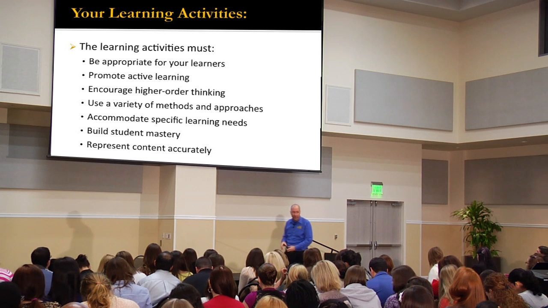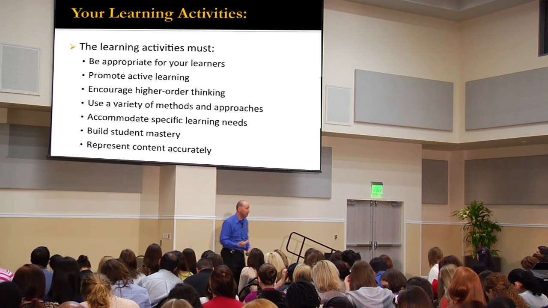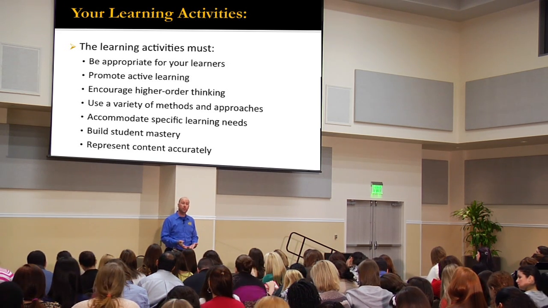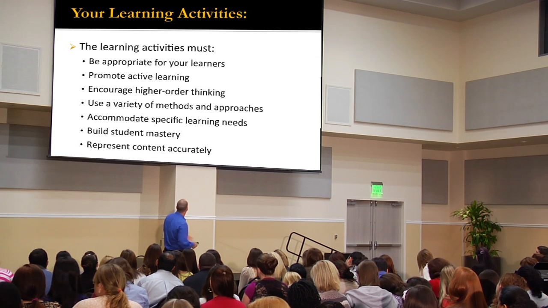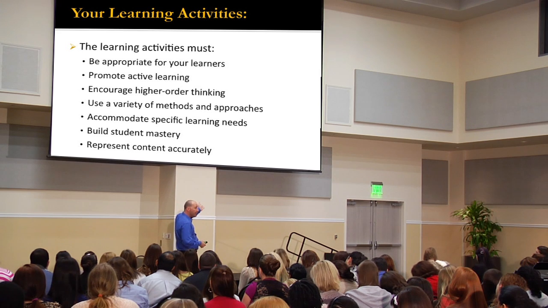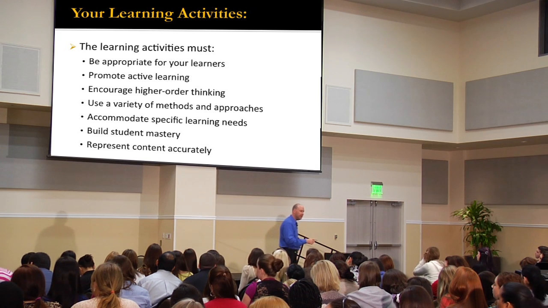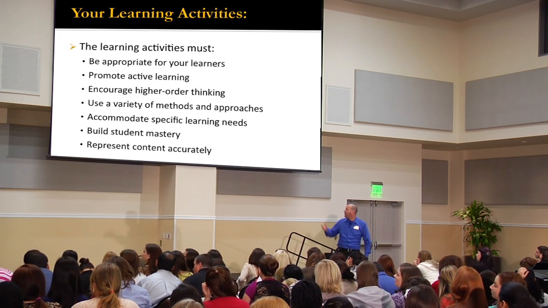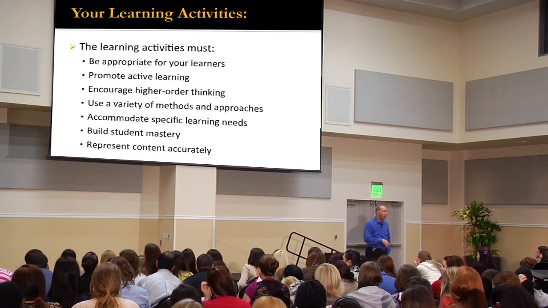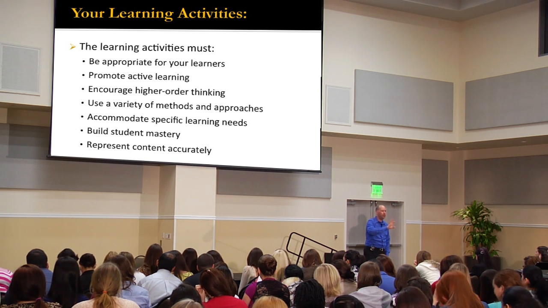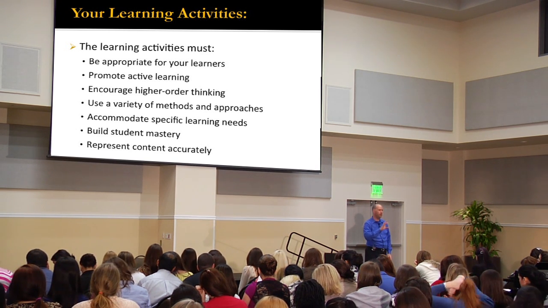Now, your learning activities. There are items on the rubric for this as well. Your learning activities need to be appropriate for your learners. Makes sense, right? Promote active learning, higher order thinking, variety of methods, accommodate specific learning needs. These are the things you have to do. I like that last bullet because I mentioned teaching fractions to 6th graders, right?